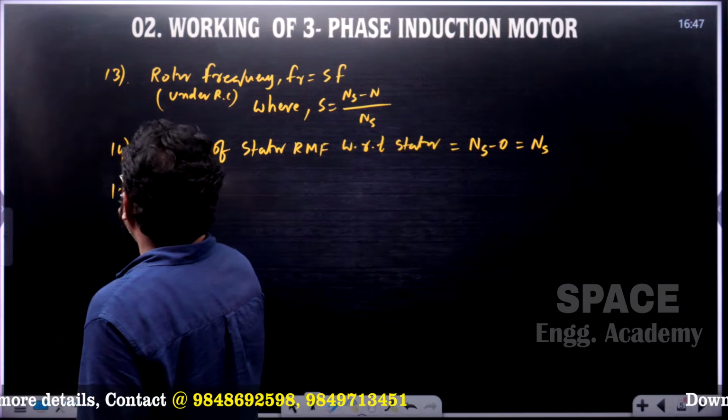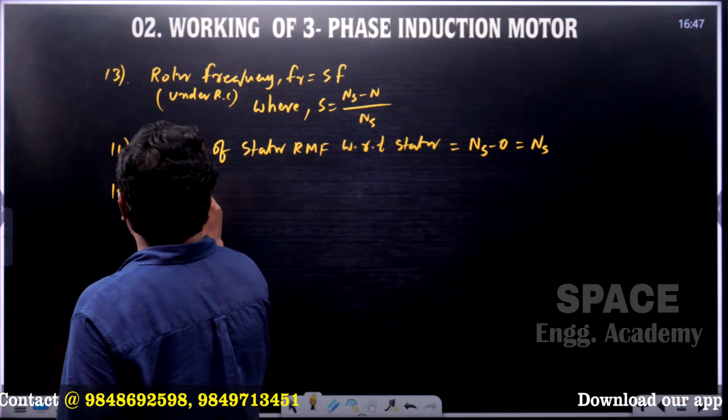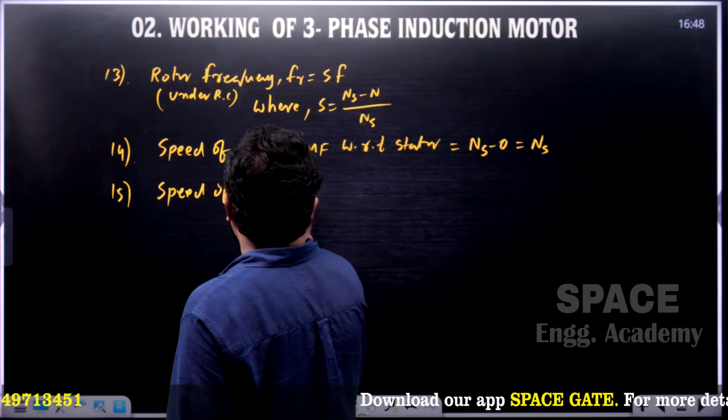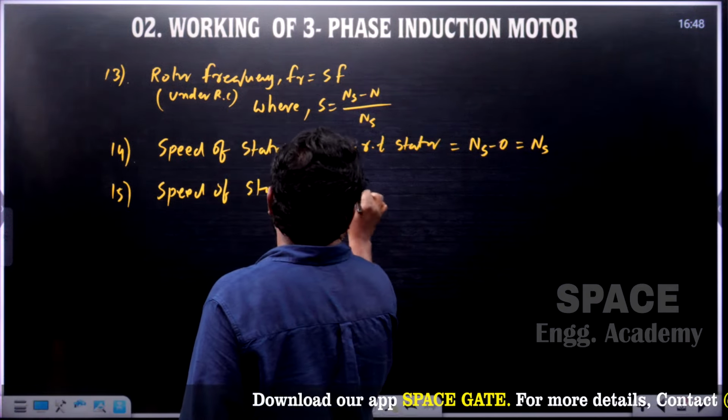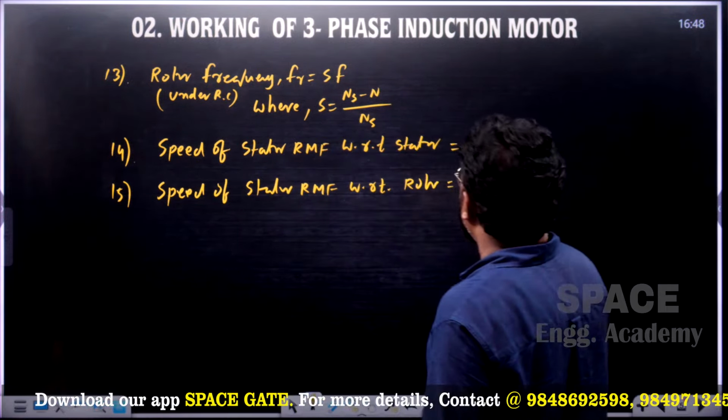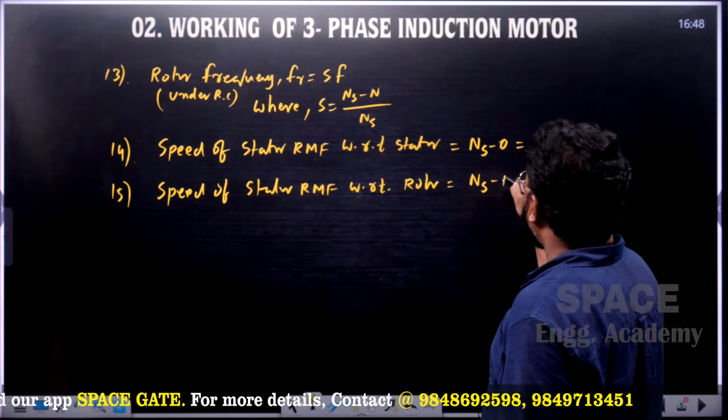Next, the speed of the stator RMF with respect to the rotor, that is ns minus n.